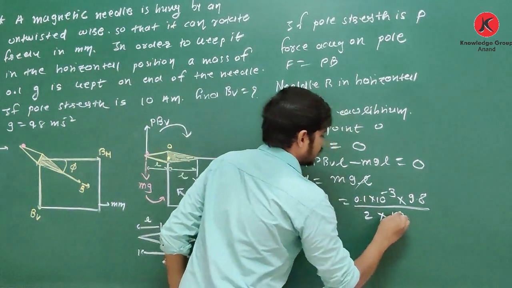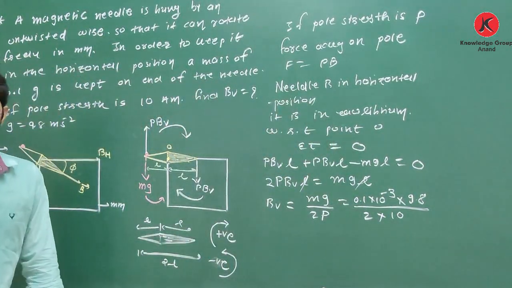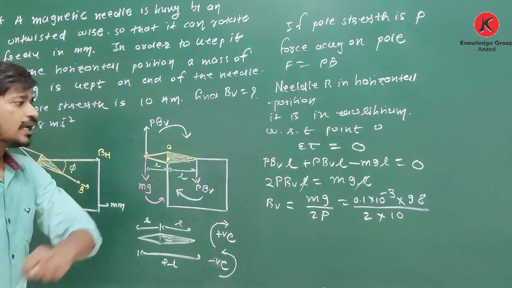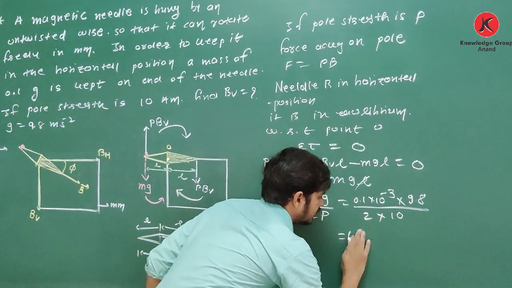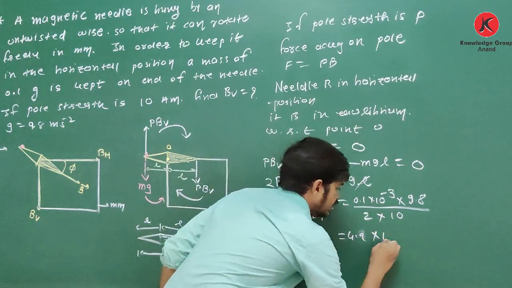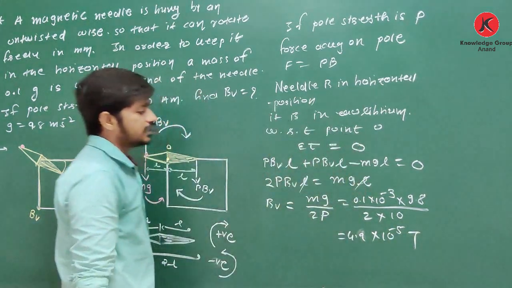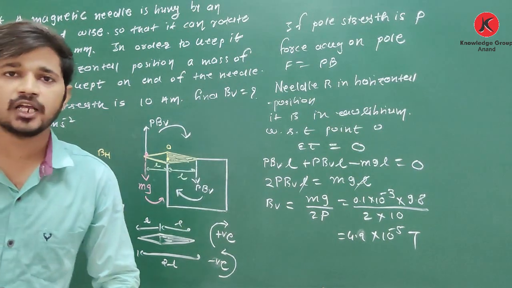If you calculate this, you will get your answer. It is 4.9 into 10 raised to minus 5 Tesla.